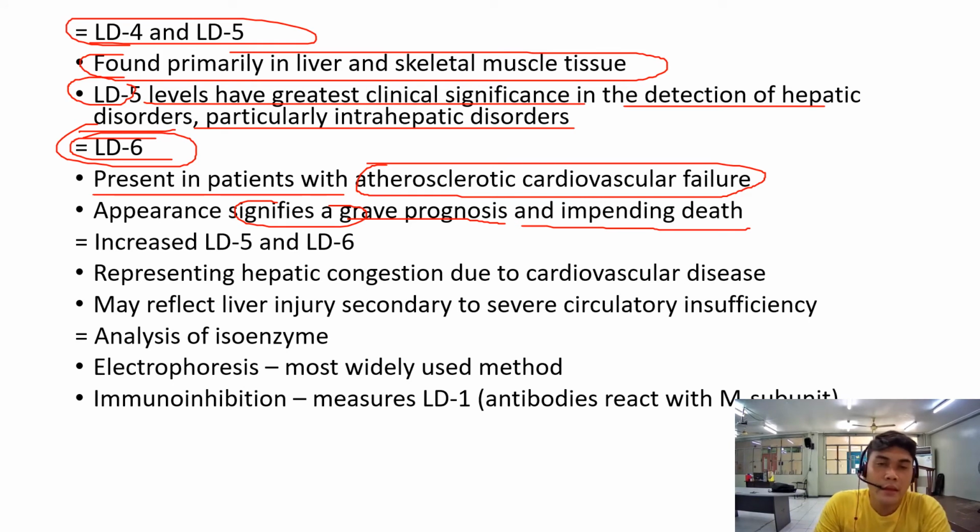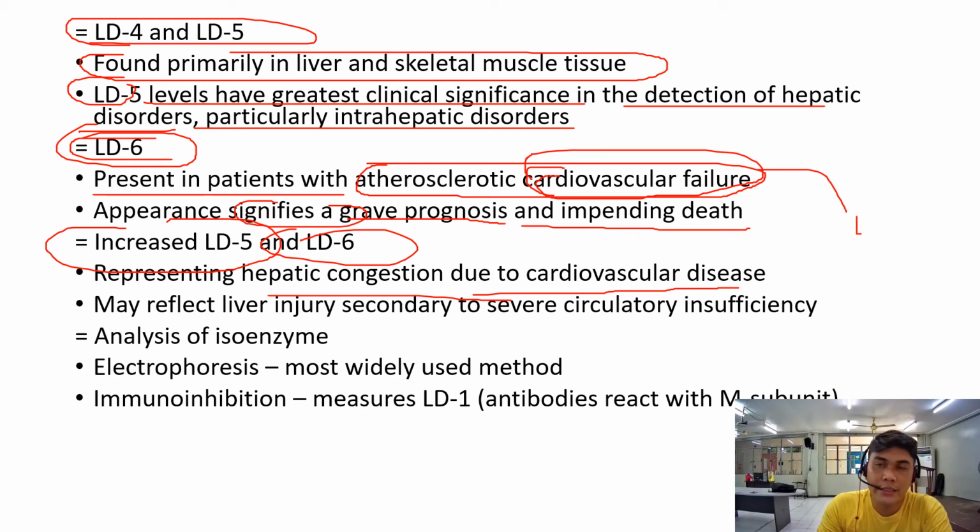Okay, now regarding the increase in LD5 and LD6, it represents hepatic congestion due to cardiovascular disease. Okay, so meaning if there is cardiovascular failure, automatically your liver is affected. Why?